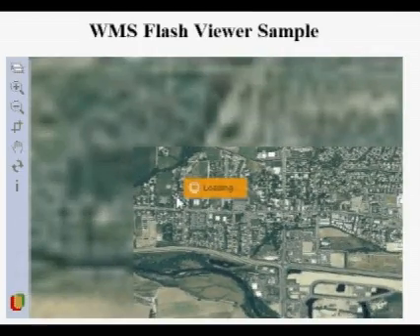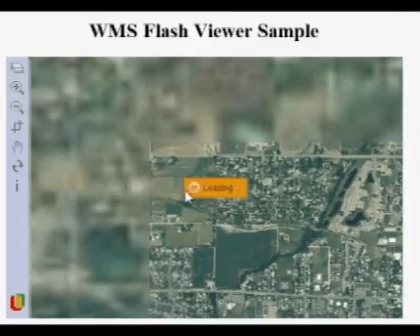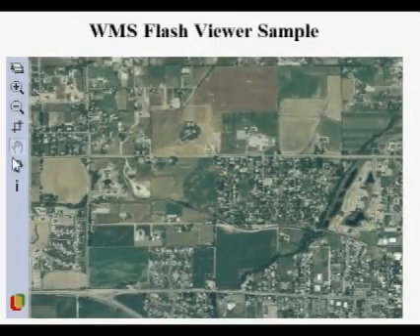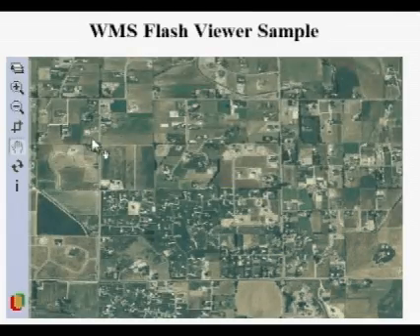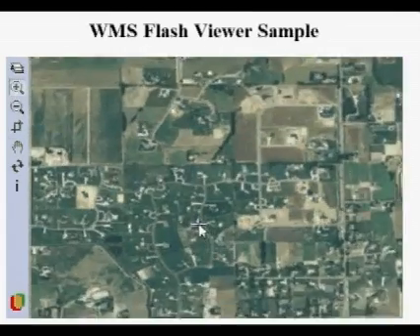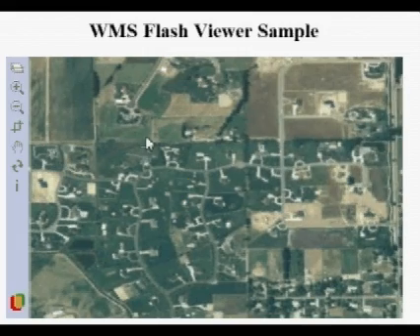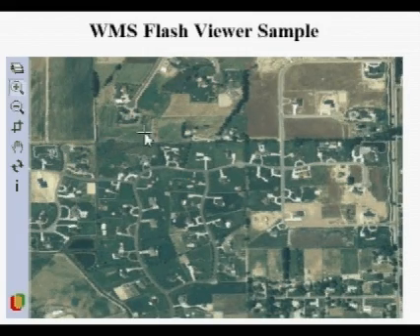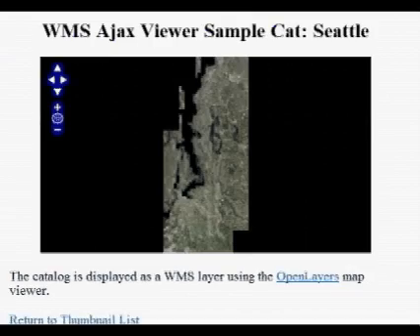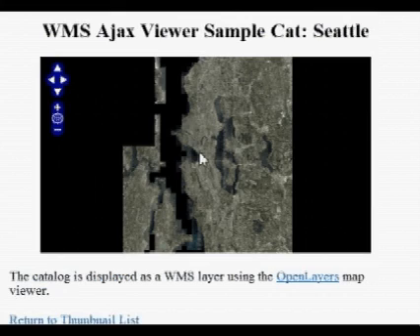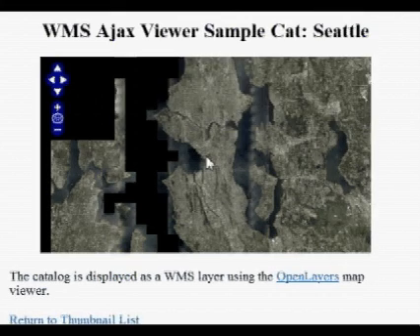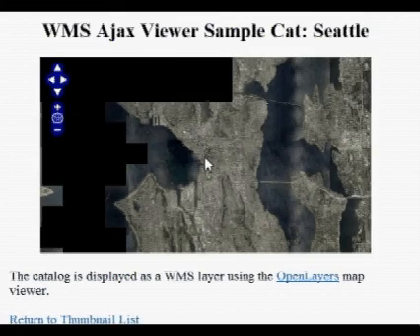And yet I can access this over the internet very easily, and about 95% of all users already have Adobe Flash on their desktops. The next is another web application that's very similar to what you would see inside of Google Maps. This is an Ajax application where you can zoom in by double-clicking, and you can just use your mouse to pan and zoom the map as you normally would expect.